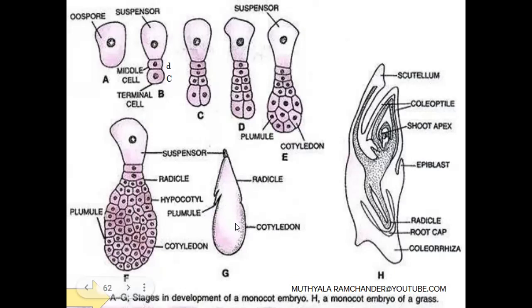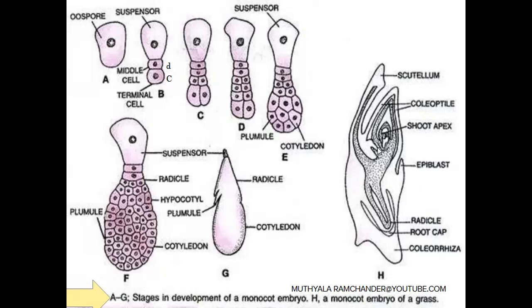At the matured stage of the monocot embryo, the suspensor loosens from the embryo. Finally, the matured embryo contains how many major parts here? Two major parts. One is the epicotyl and the second one is the hypocotyl. The epicotyl is the upper portion of the monocot embryo, and the hypocotyl is the lower part of the monocot embryo.